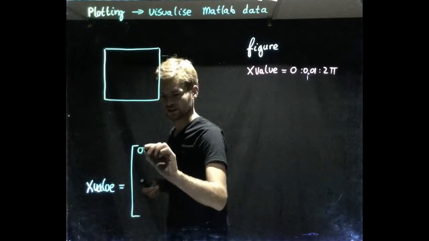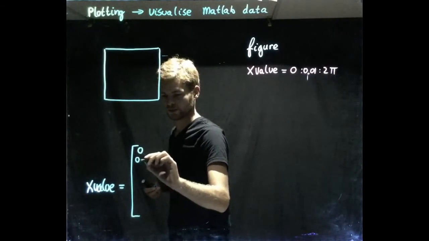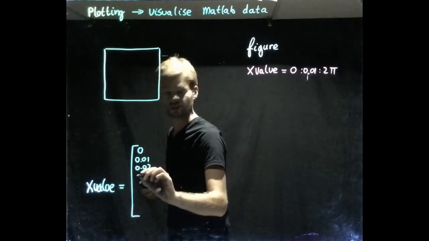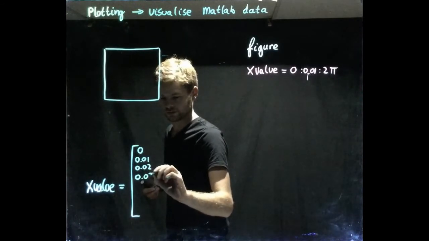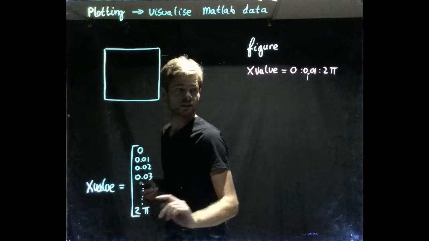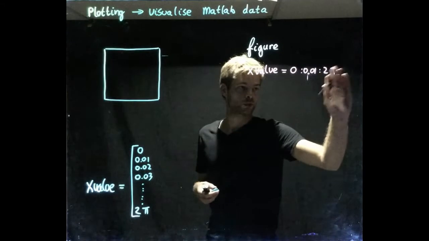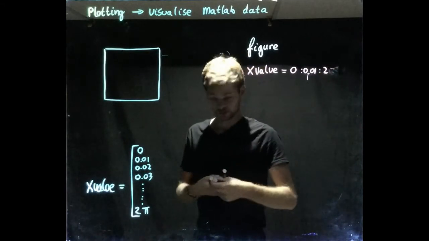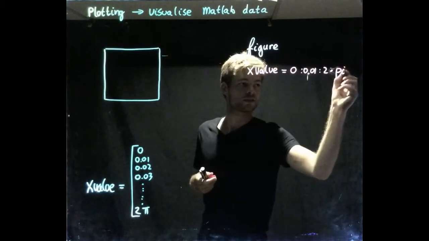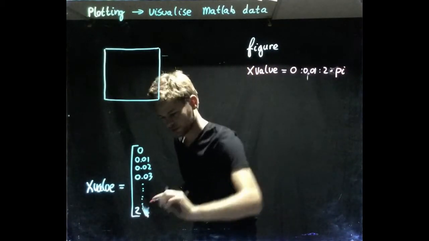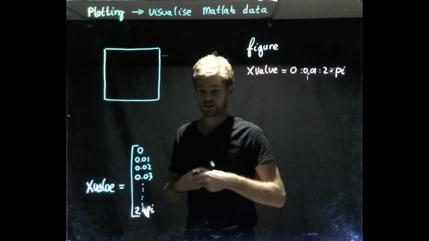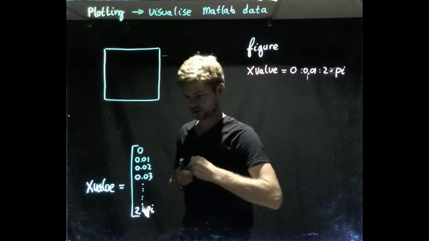We'll start at 0, and the next value will be 0.01, the value thereafter will be 0.02, 0.03, and it will continue until 2 pi. So actually in MATLAB this is not going to work, so I have to write down 2 times pi. So here as well, 2 times pi. So that's what this vector looks like.